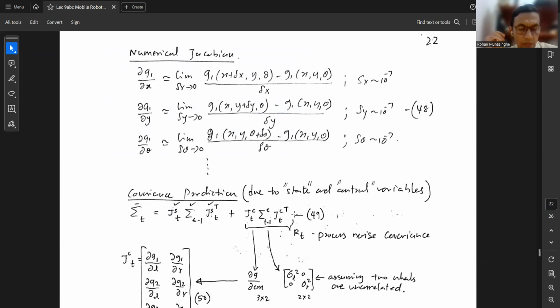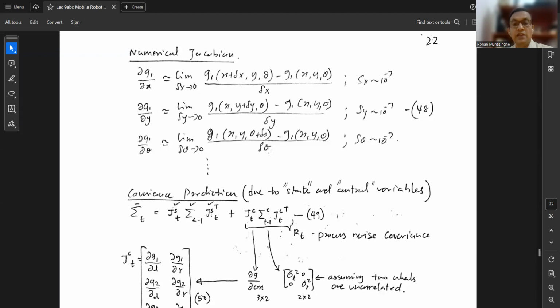Now, if you do not want to do the analytical Jacobian, you can still go ahead with the numerical Jacobian. All you need to do is to find out the quantities of the Jacobian, say G1, at two instances. This is t plus delta, x plus delta x, and this is just x. You change x by a little amount, divide by delta x. This is basically the rate of change. And then you do the same thing for y plus delta y, here just y, and divide by delta y.